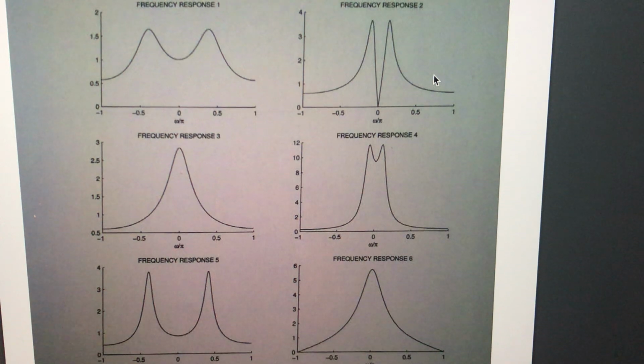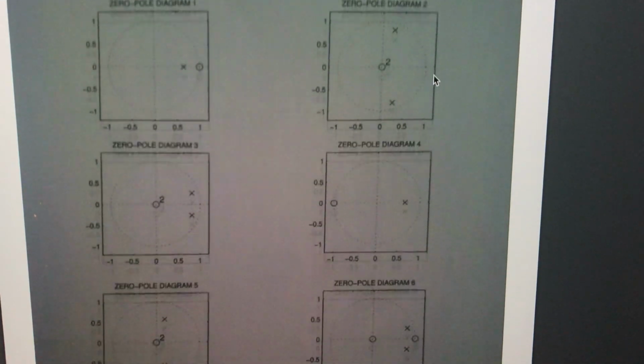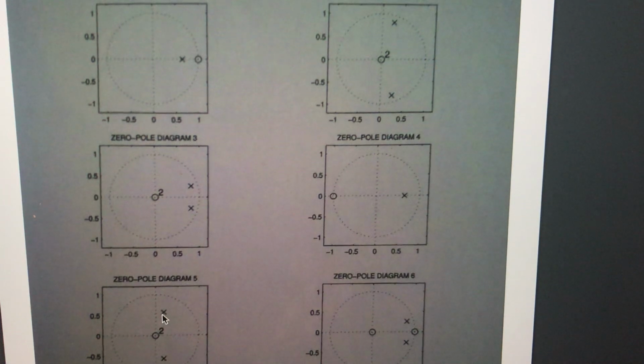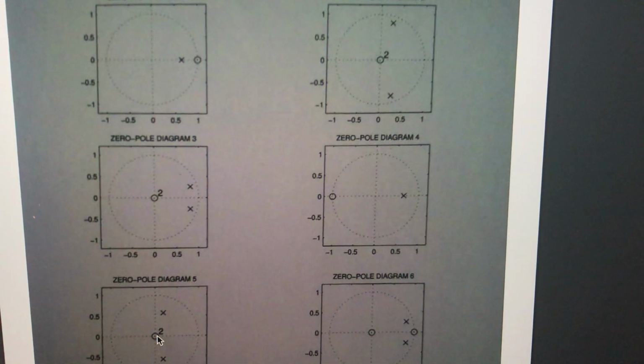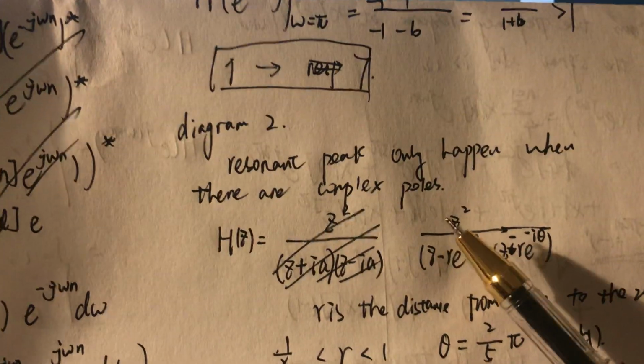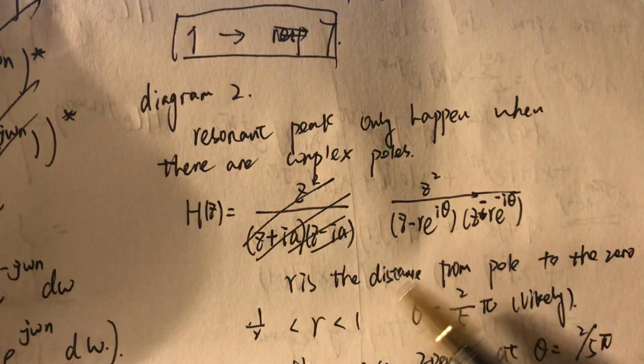Now we're going to talk about diagram 2 and diagram 5, because we could say that the difference between those diagrams is the distance between the pole and the 0. So we could easily get this function since it's two poles and two complex 0s.